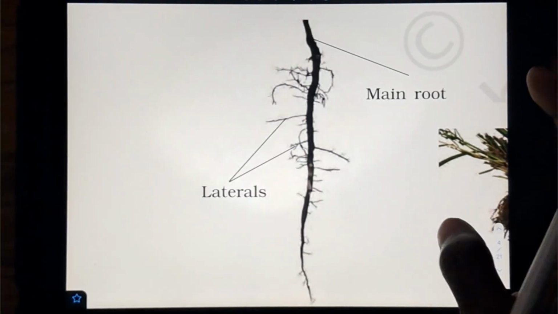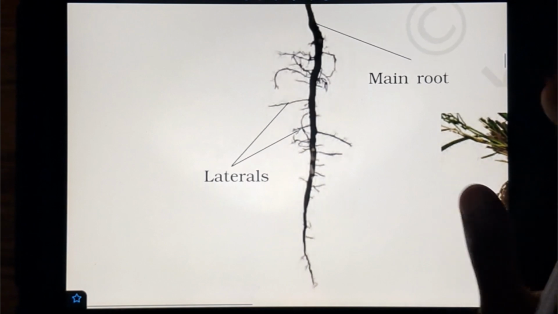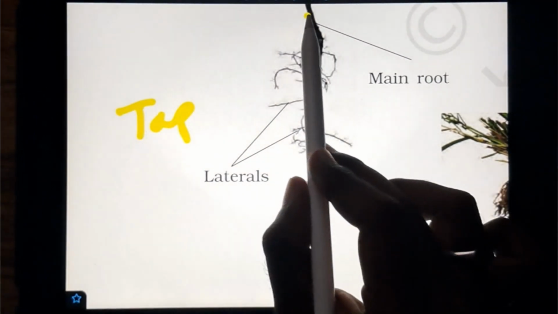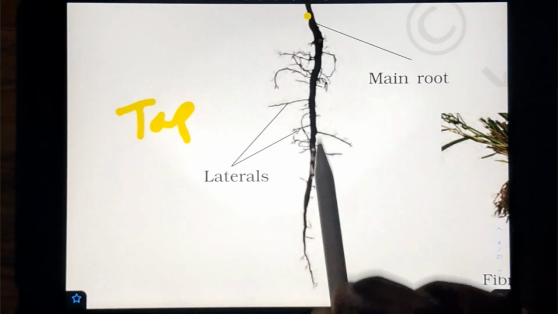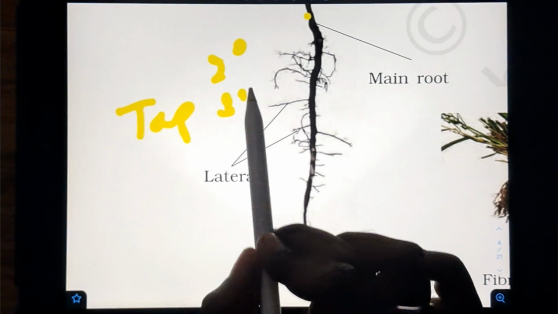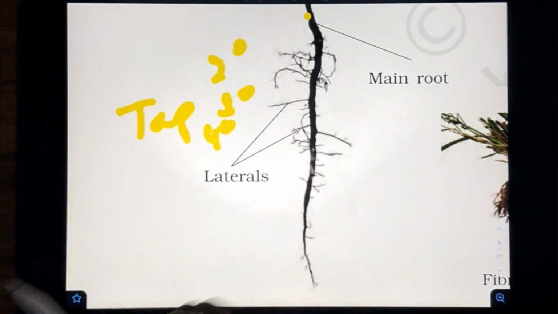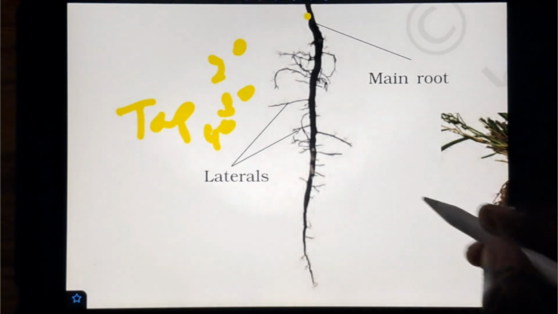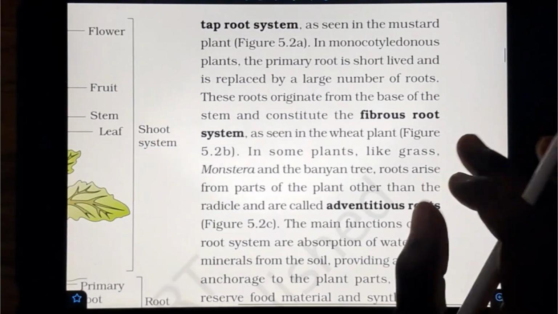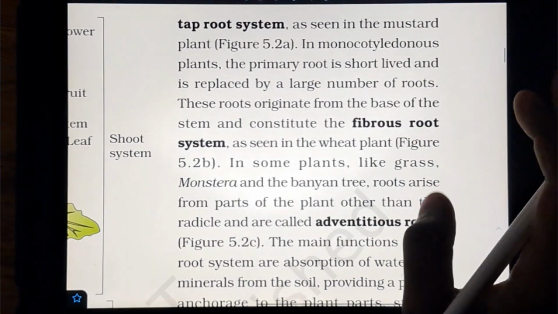This is one of the examples given in the NCERT for the taproot system. You can see the main root, and these are the lateral ones, secondary and tertiary roots, maybe quaternary also. This is the example of the taproot system. The taproot system is seen in mustard.